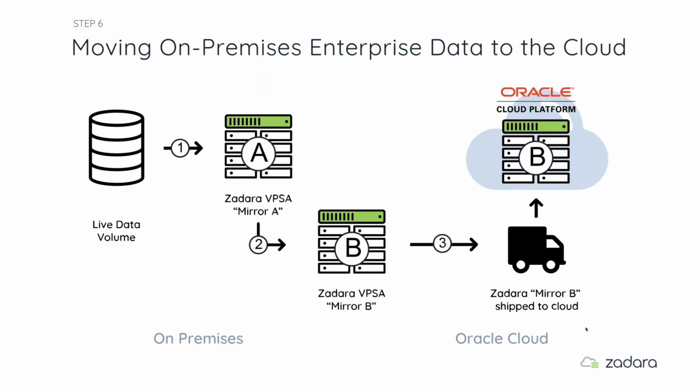This is good. Do one more click because the clincher is right there. Once the second mirror resides at the cloud location, we reestablish the mirror. This is step 4 in this slide, and then all that we need to do is sync the data that has changed since the truck, or to be more literal, it's actually an airplane.